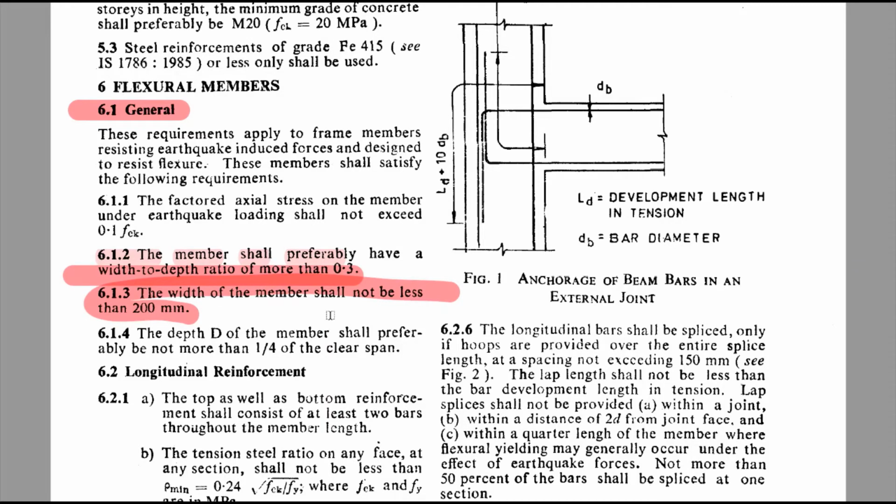Here are all the clauses 6.1.1, 6.1.2, 6.1.3, 6.1.4, so you just have to write down these clauses in your exam. You don't have to remember all these conditions, so you can write everything easily. Just remember the clause number.